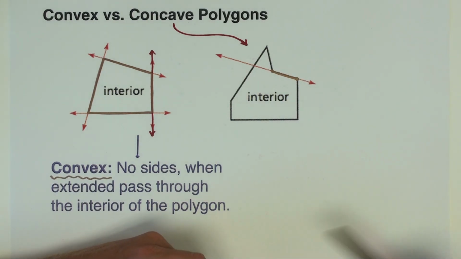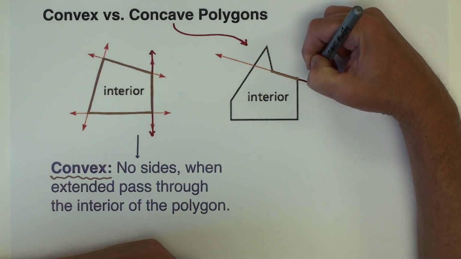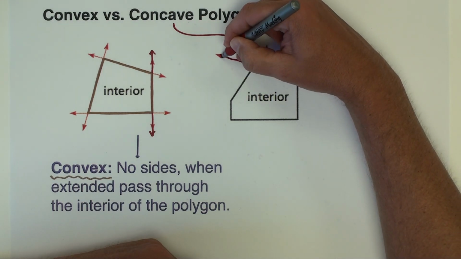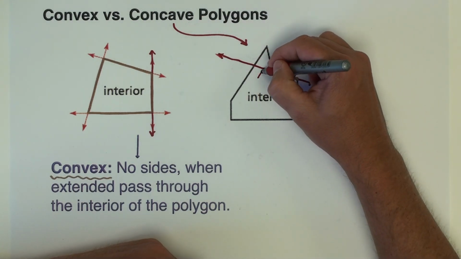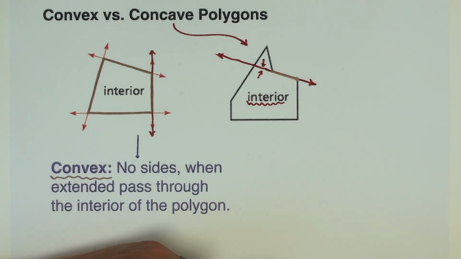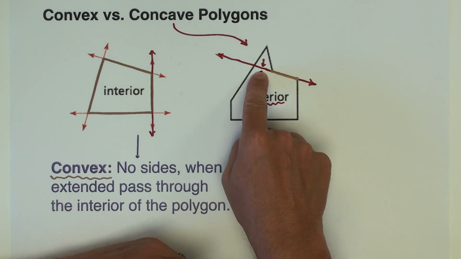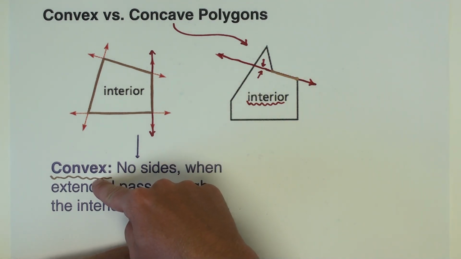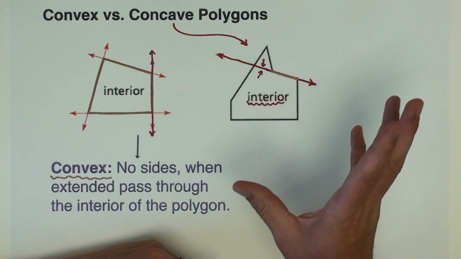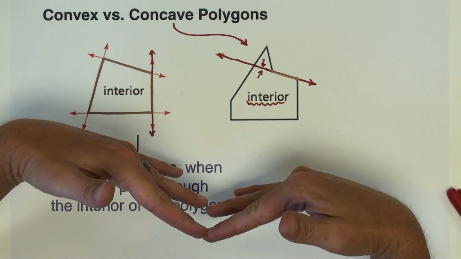Well, if I take that side and I extend it here and here, notice that it does pass through the interior of that polygon. And because the extended side passes through, we can't classify it as convex, but we're going to classify it as concave. I kind of think of this as if the shape caves in on itself.